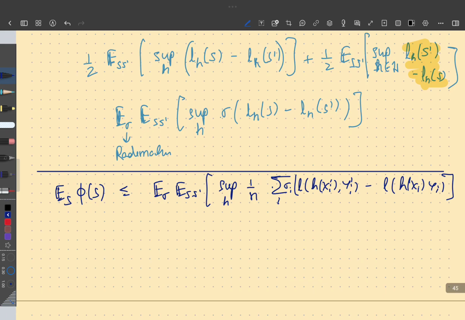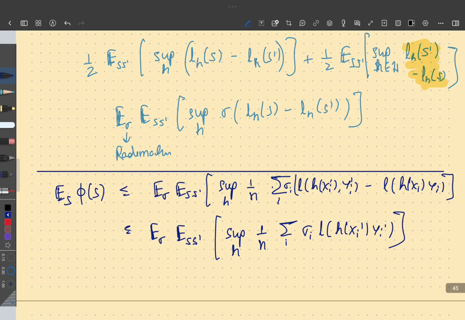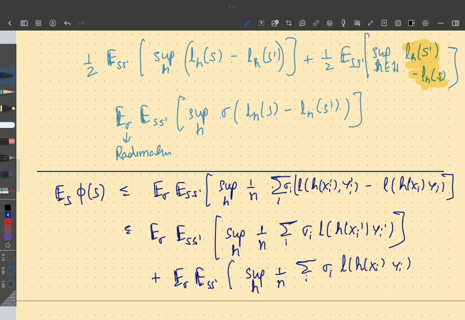So in particular, because sigma_i can take values plus 1 and minus 1, this is less than or equal to expectation over sigma, expectation over S prime of the supremum over H of 1 over n summation i sigma_i L of H of x_i' y_i', plus expectation over sigma, expectation over S of the supremum over H of 1 by n sum over i sigma_i L of H of x_i y_i.